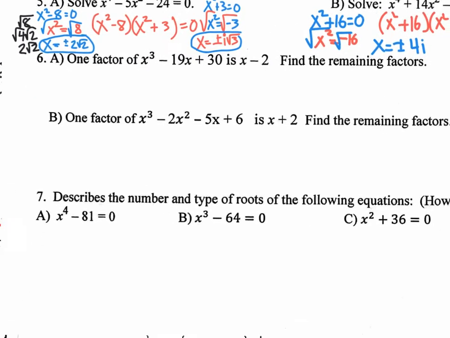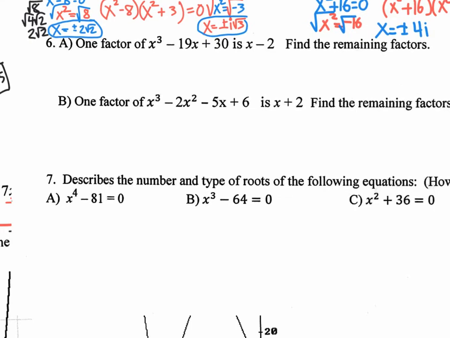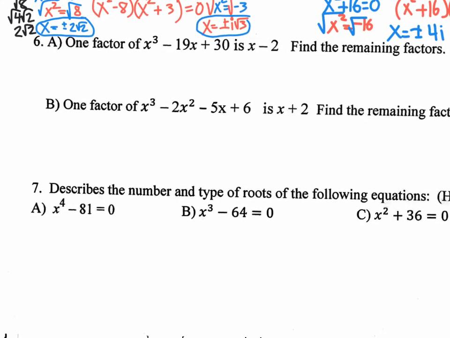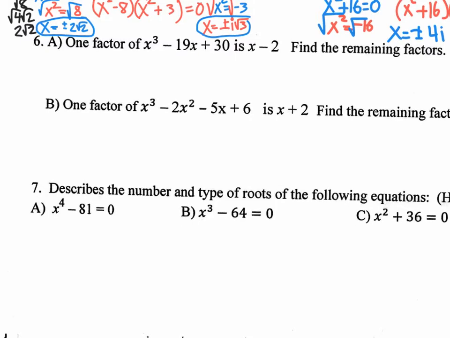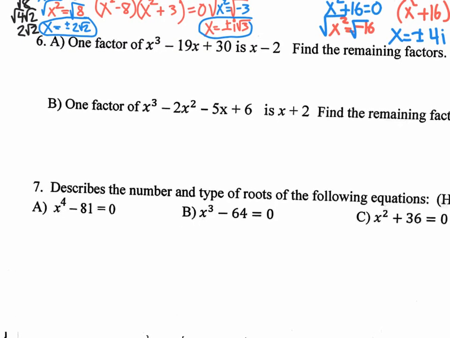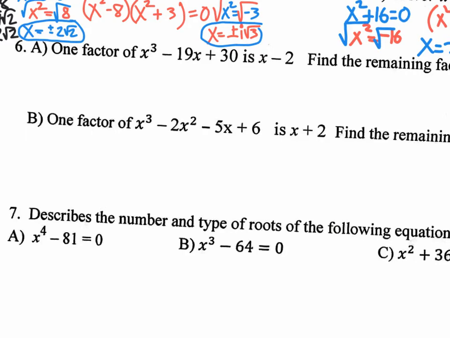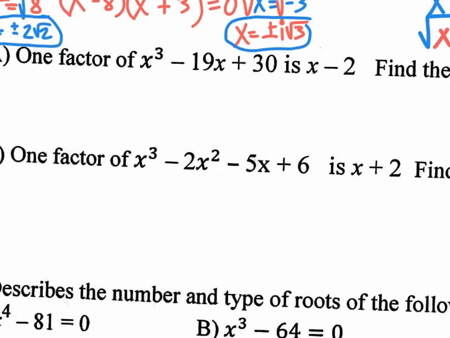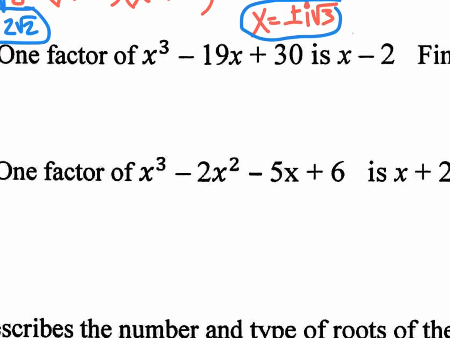Number 6. One factor of x to the third minus 19x plus 30 is x minus 2. Find the remaining factors. So they're telling you that one factor, if you wanted to factor this cubic trinomial, one factor is x minus 2, right?